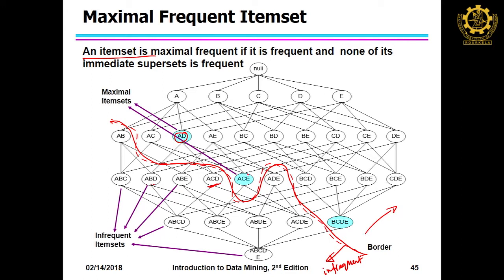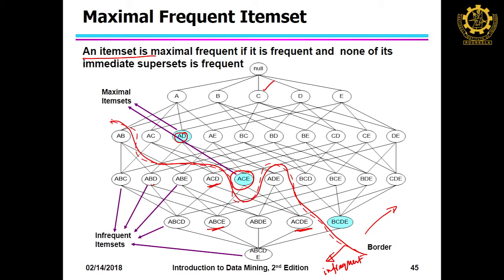One more example is ACE. ACE's corresponding supersets are here and here, and both are infrequent. So, ACE is a maximal item set. Can C be a maximal frequent item set?